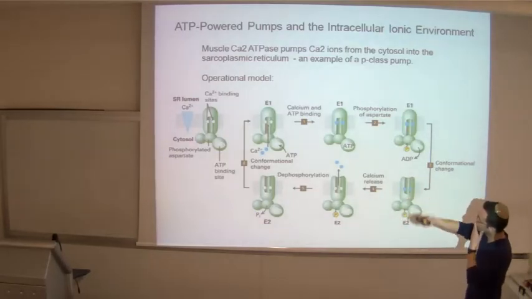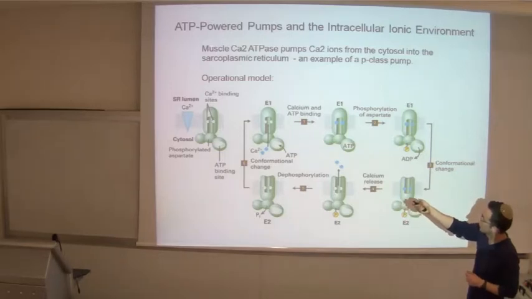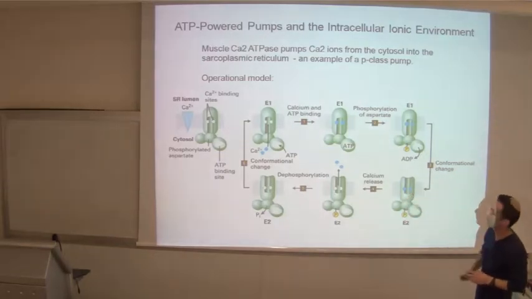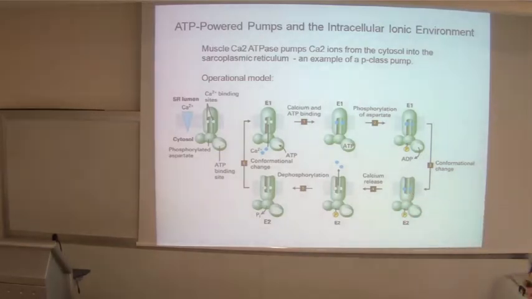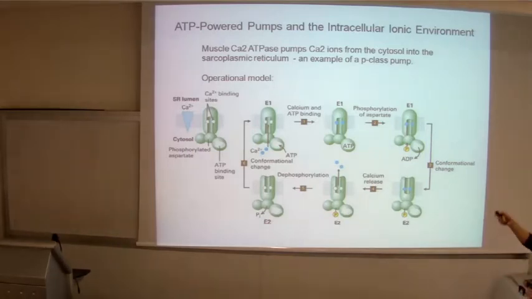So this example is for the muscle calcium ATPase pump, which pumps calcium ions from the cytosol into the sarcoplasmic reticulum. So, sorry, they do not sit in the plasma membrane. This one sits on the sarcoplasmic reticulum.